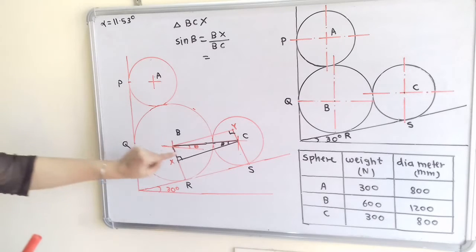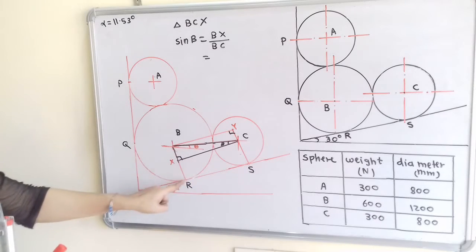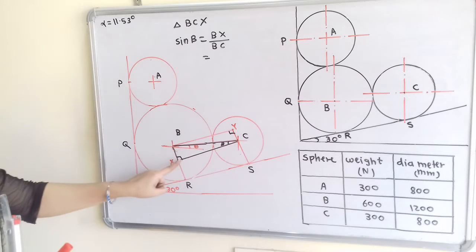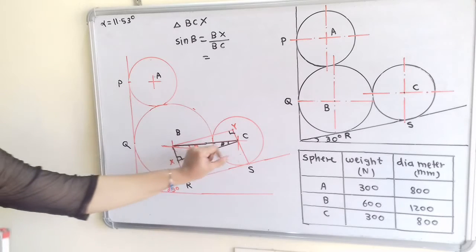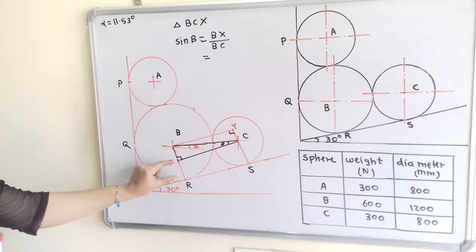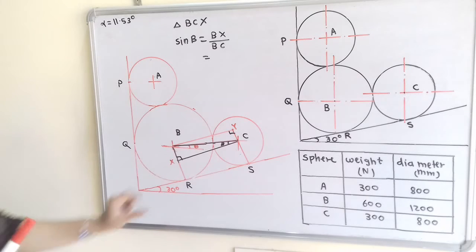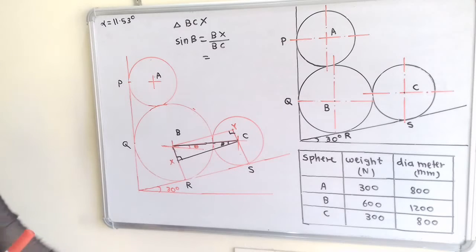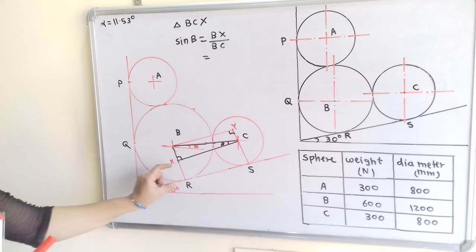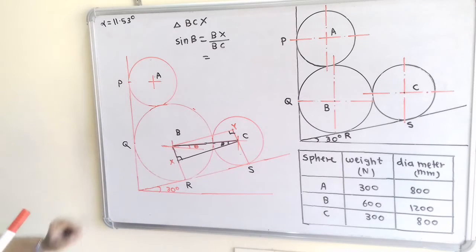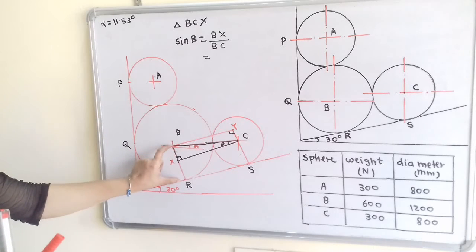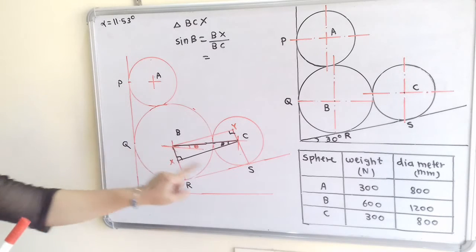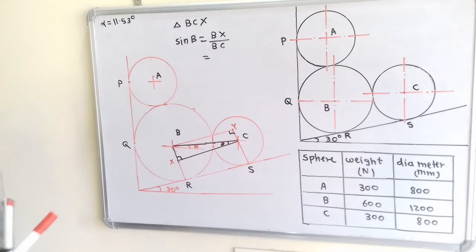Now if we observe this line and the line passing through center C, parallel lines. So distance CS is equal to distance XR, and CS is nothing but the radius of sphere C, which is equal to 400. So XR is also equal to 400. And what is this BR? BR is the radius of sphere B, which is equal to 600.